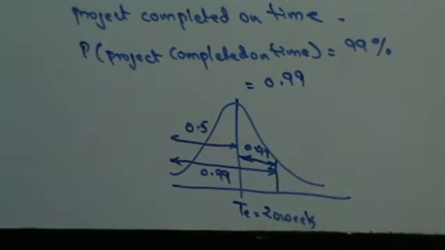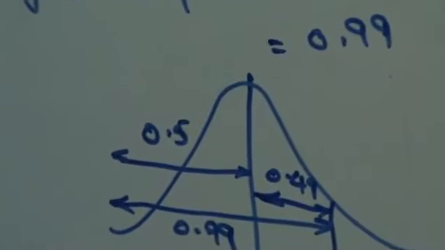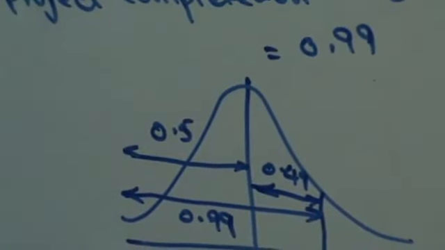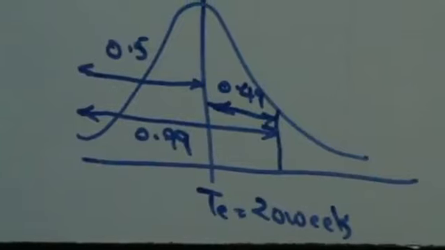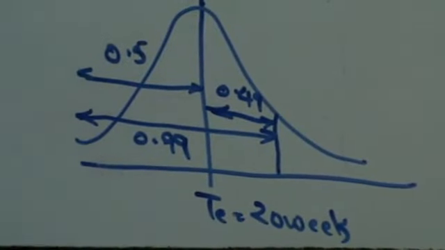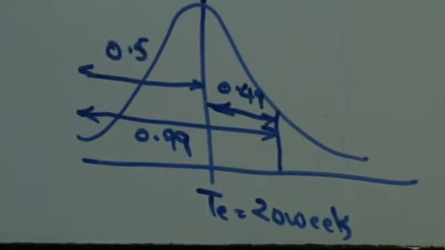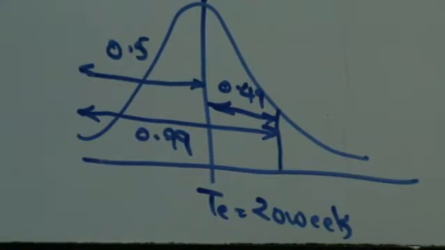Guys, here I know the area and I want to find out the variable. In the previous case, I had the normal distribution variable and I found the area. Now for 0.49, the closest I can get is 0.4901, which corresponds to 2.33.